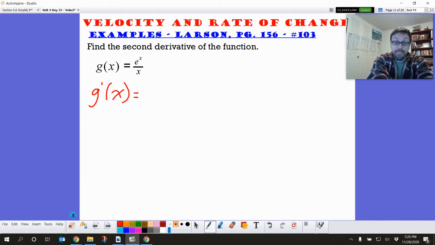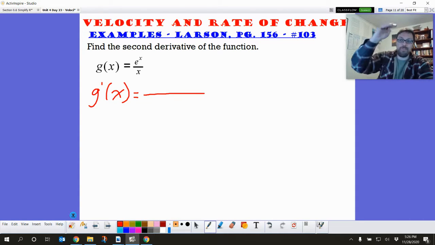The quotient rule tells us we need to do the derivative of the top times the bottom, minus the derivative of the bottom times the top. The bottom of our new fraction is just going to be whatever the old denominator was, squared.